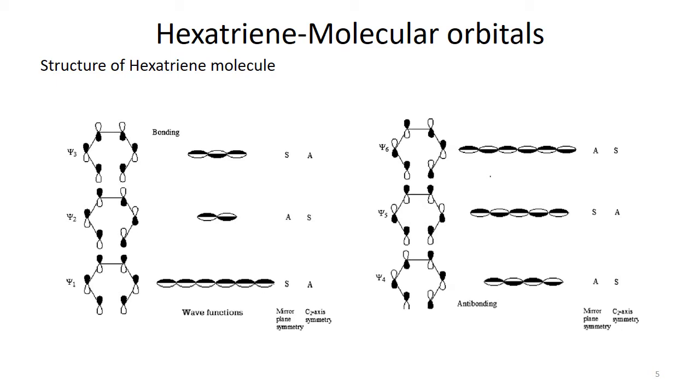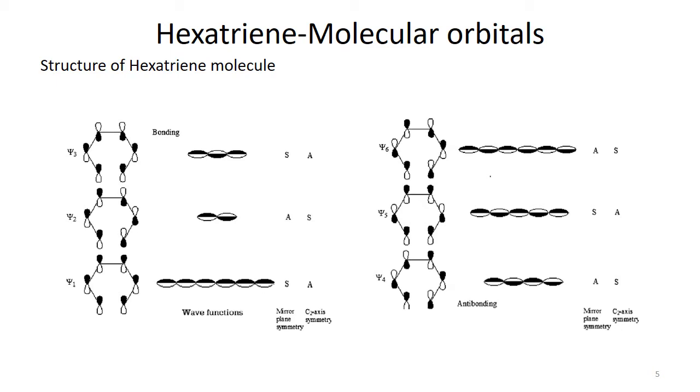As the number of nodes increases, the energy of the molecular orbital also increases. So the lowest energy is that of the molecular orbital that has the least number of nodes. This was the psi 1 function.